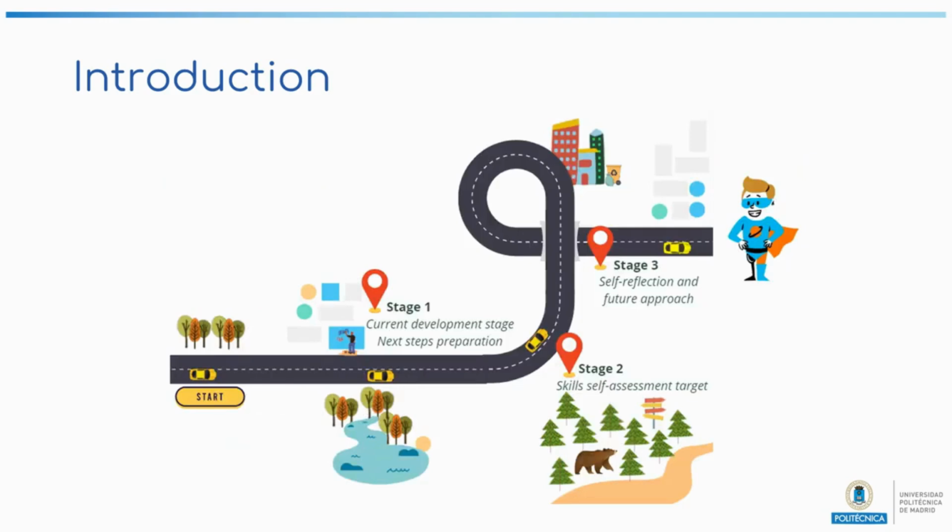We will propose 3 stages to do this assessment. Ideally, you will do it with the group of teachers involved in the challenge and maybe also with some students. Let's move to see each stage in detail.